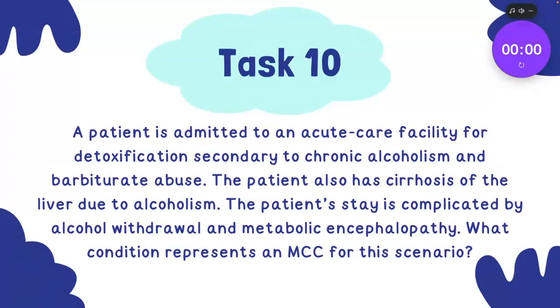As a reminder, after we finish task 10, we will do some questions on identifying the principal diagnoses just to get some more practice. So what is the principal for this patient?